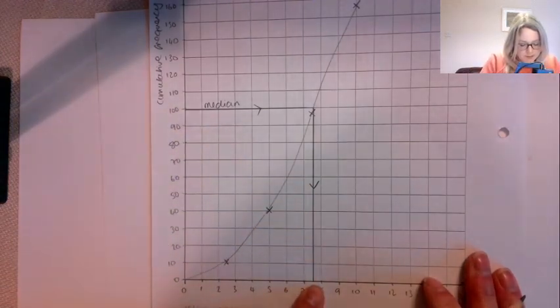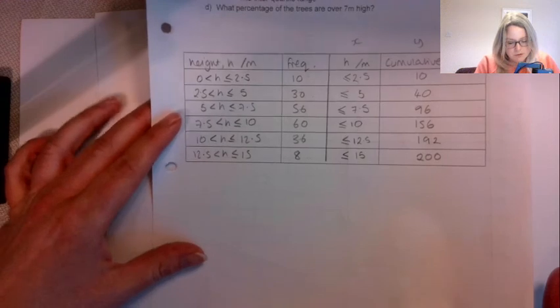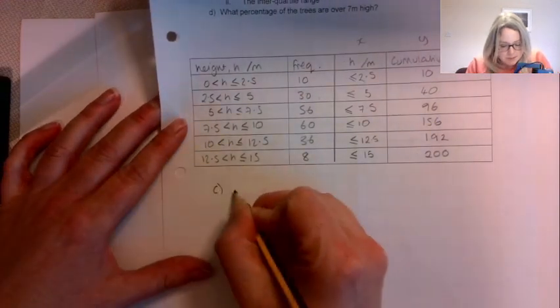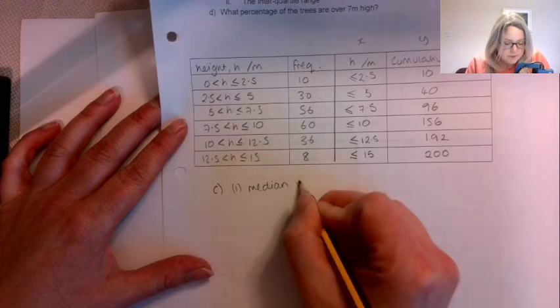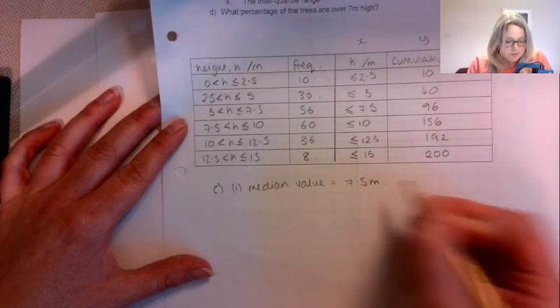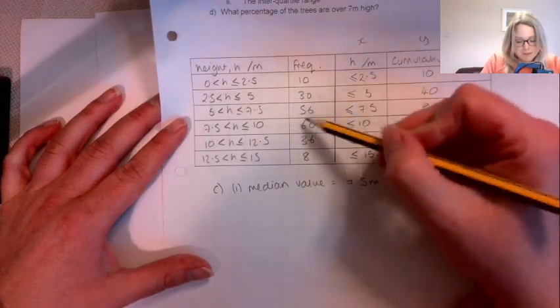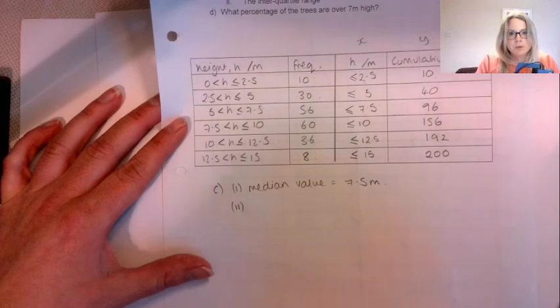So our median, I'm just going to go 7.5, okay? And I'll list it over here. So C part 1, median value is 7.5 meters. Does that make sense? Is it roughly in the middle? Yeah.